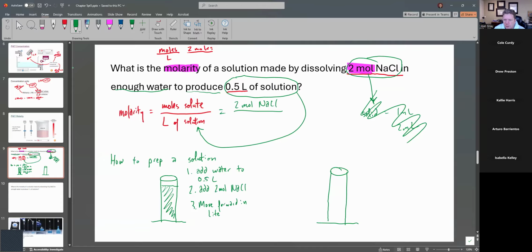Another option is, I'm going to call this step one, add 2 moles NaCl. And I'm going to put, here's my marker for the 0.5 liters.